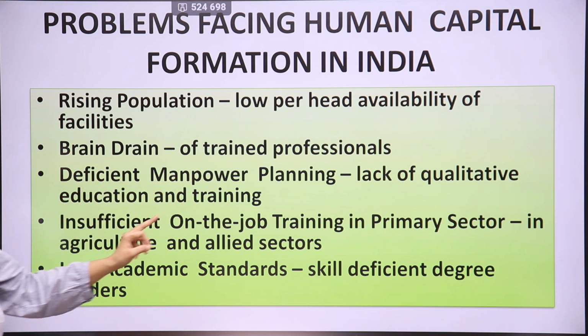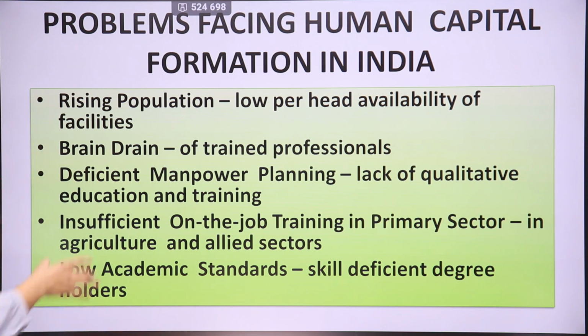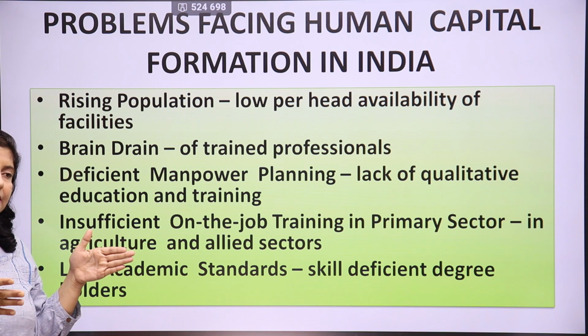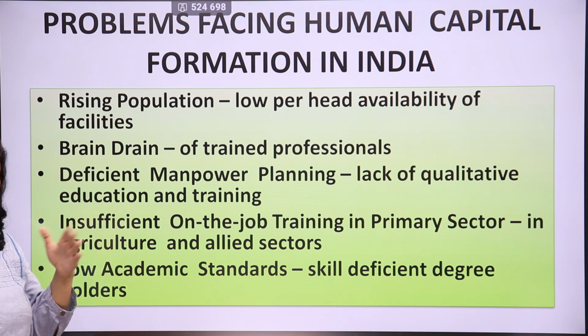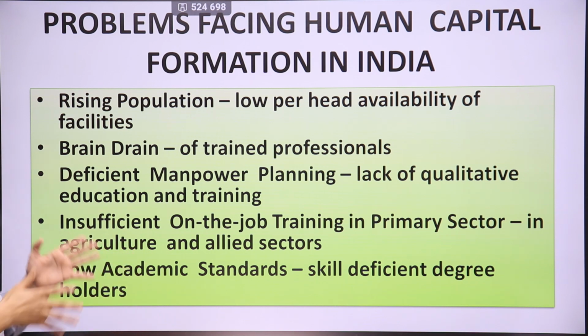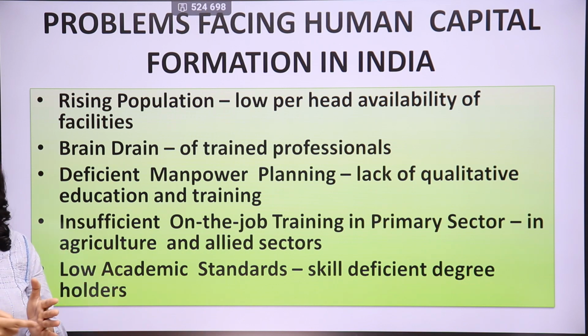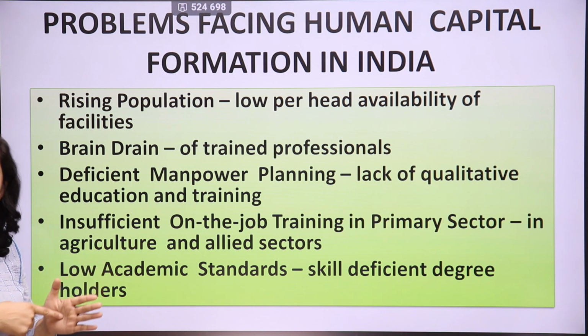And insufficient on-the-job training in the primary sector. See, agriculture and allied sectors like fisheries, sericulture, horticulture, plantation, etc. We don't have much training. Farmers do not have much training. They do not know what type of soil they have in their fields.